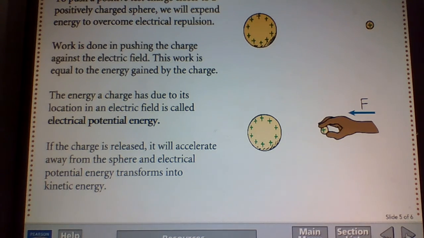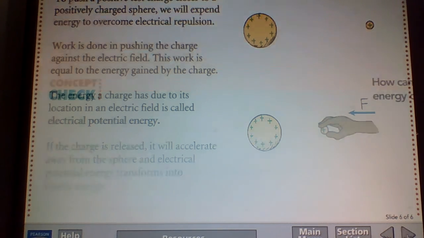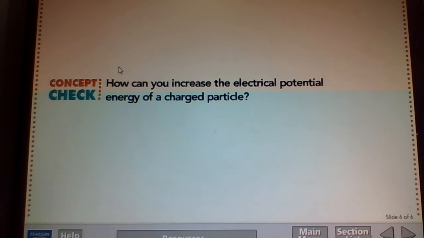So if the charge is released, it's going to accelerate away from the sphere, and it's going to go flying back away as the potential energy we have given it is changed to kinetic energy. So how can you increase the electrical potential energy of a charged particle? Again, either move a positive further away from a negative or move a positive closer to a positive.